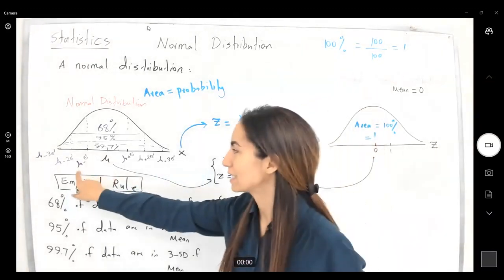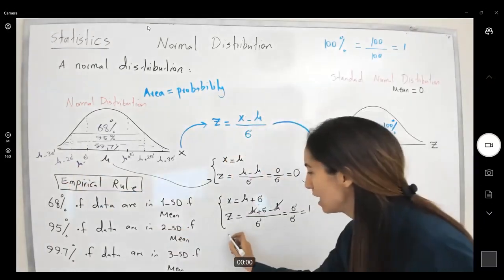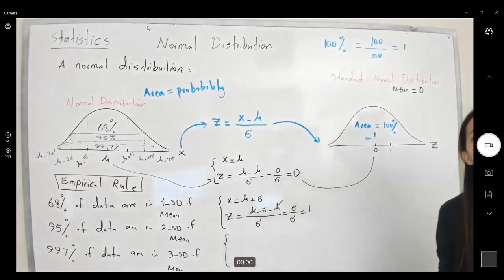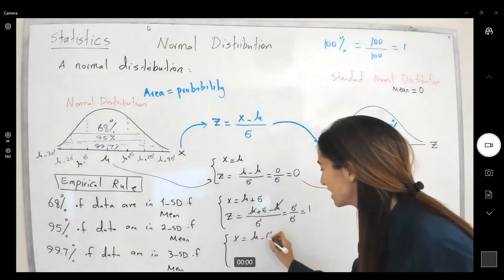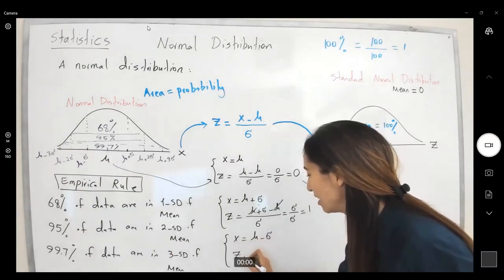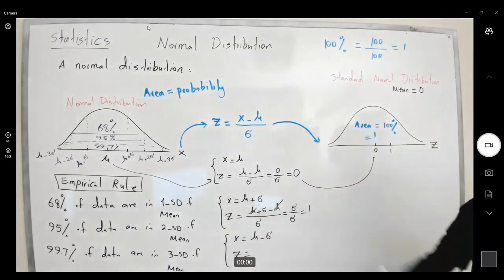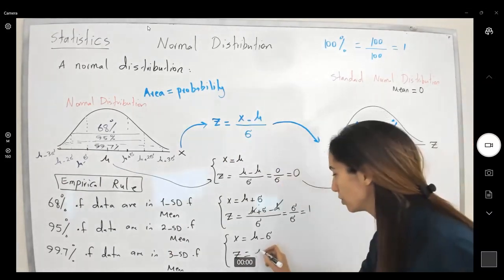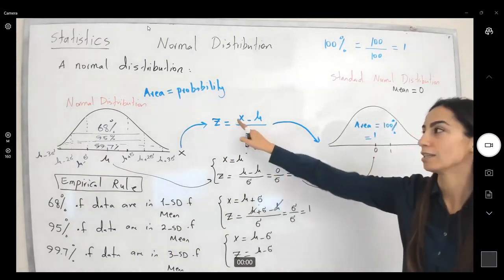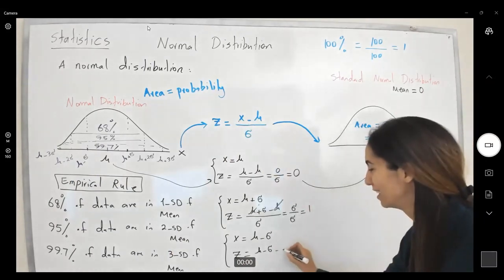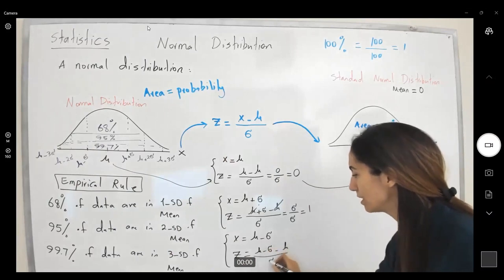I'm going to take this x value, mu minus sigma, and calculate the z. So z becomes mu minus sigma, my x, minus the mean, divided by sigma. I'm going to plug that into this machine.